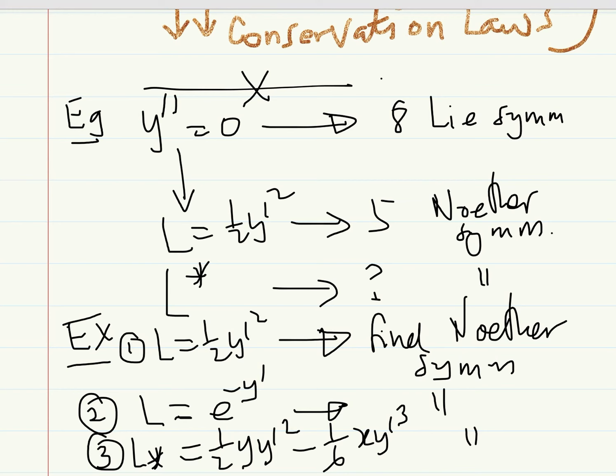And I mentioned that there is a theorem, the ultimate Noether theorem, that says that every Noether symmetry can be used, of course with its corresponding gauge function, to construct a conservation law for the differential equation. So in other words, if you have 5 Noether symmetries coming from this Lagrangian for this differential equation, you will construct 5 conservation laws for this differential equation.